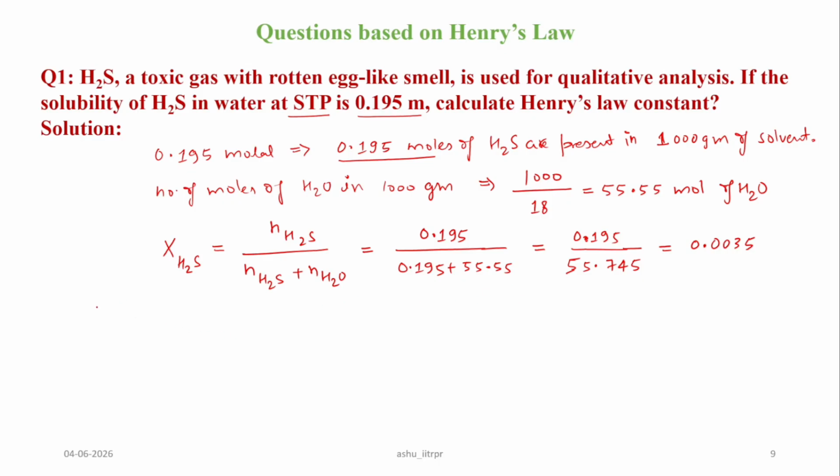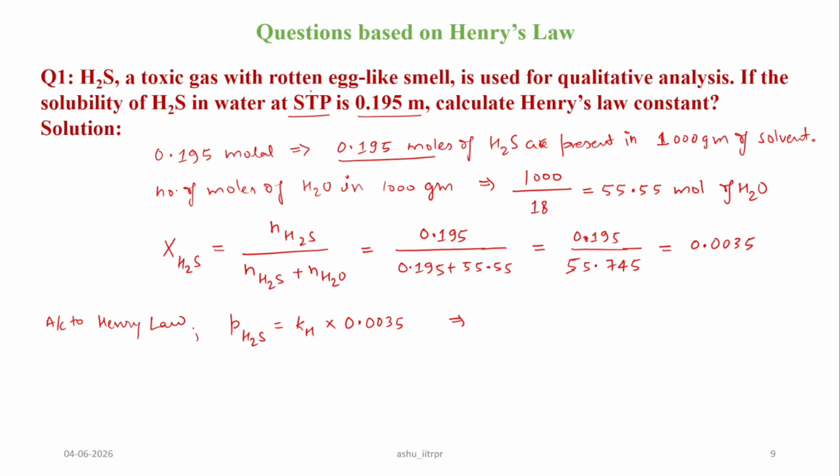Now, according to Henry law, we know that pressure of H2S is Kh into mole fraction. Mole fraction means X, which we have calculated, 0.0035. Now what is the value of pressure?